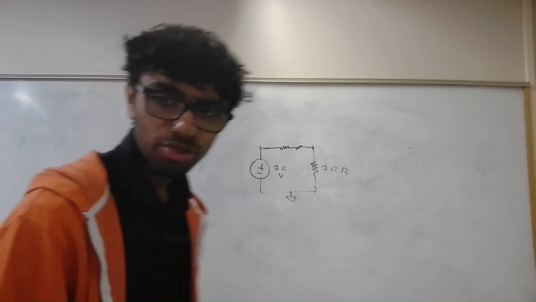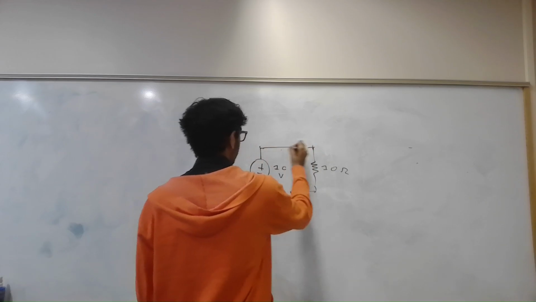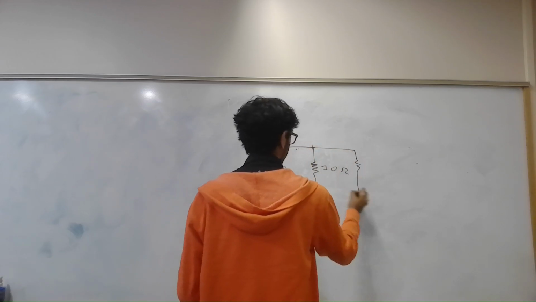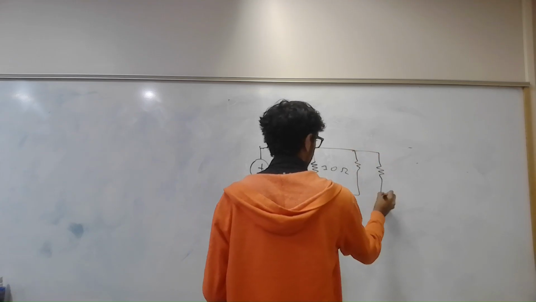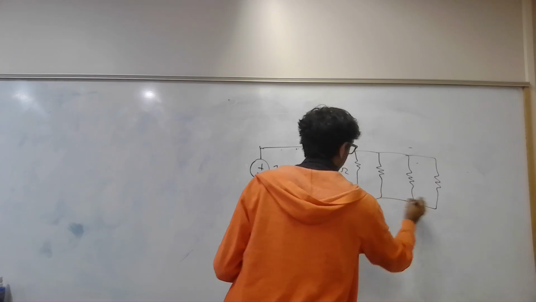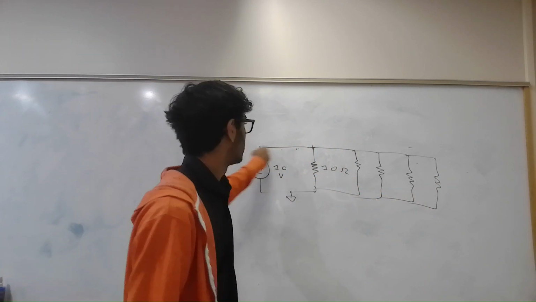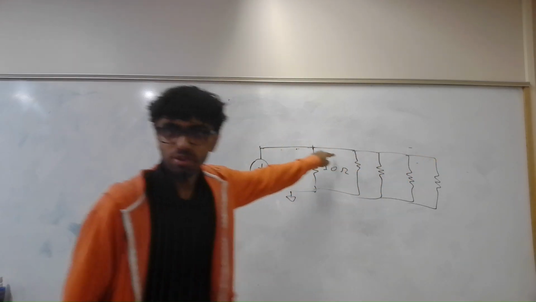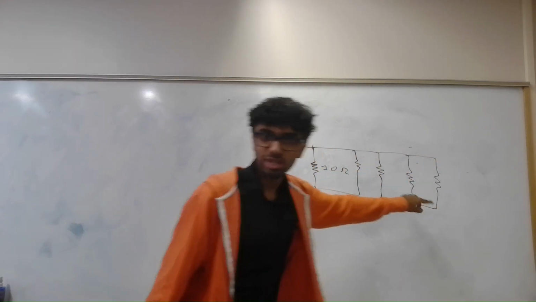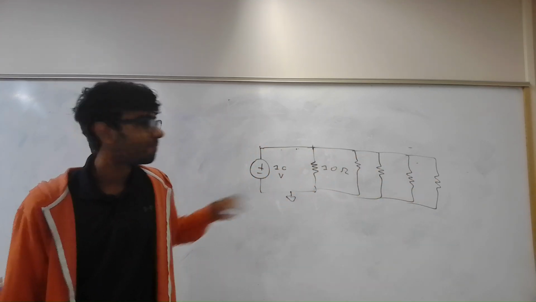So the other alternative is in parallel, okay? And what I mean by that is like this, like that, like that, okay? Now, what we notice here is that the voltage is the same all the way over there, and down here it's all 0 volts. So the voltage drop of these 5 resistors is all the same, okay?